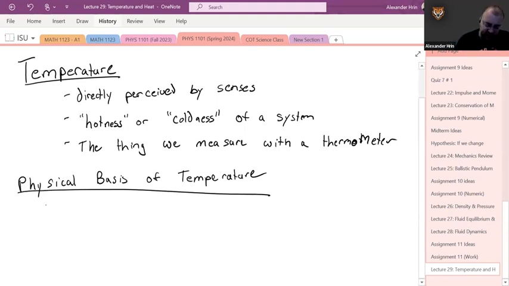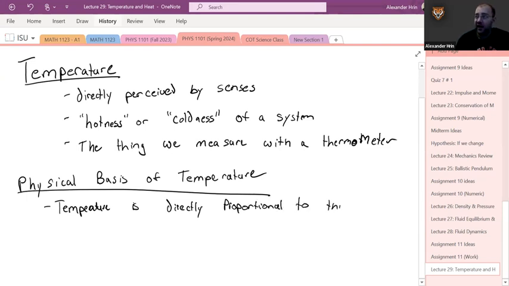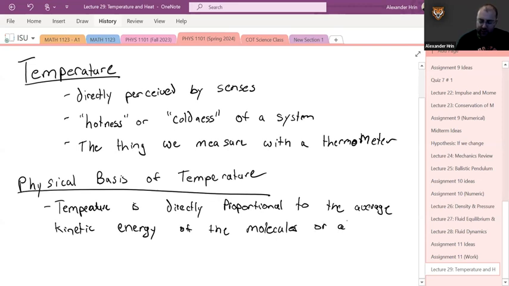And what it turns out is that temperature is directly proportional to the average kinetic energy of the molecules or atoms of a system.